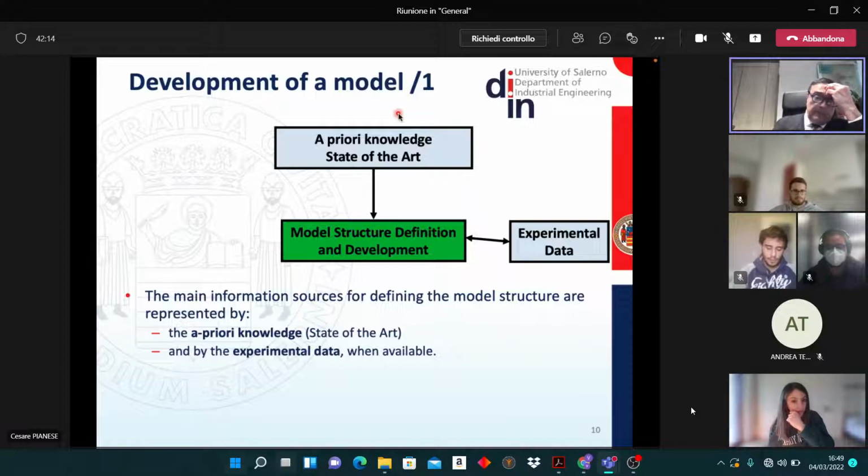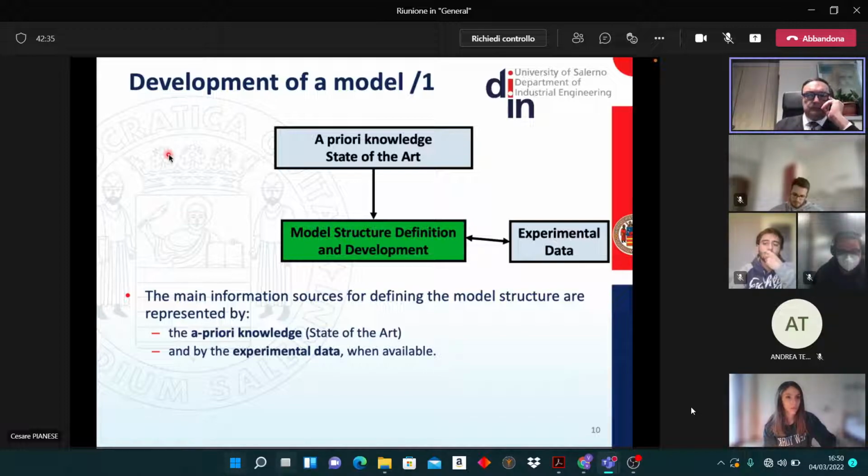We need experimental data when available. So we start from the a priori knowledge, the state of the art. If we do the experiment on a pipe measuring the velocity profile, this could help, or experimental data for any kind of information.